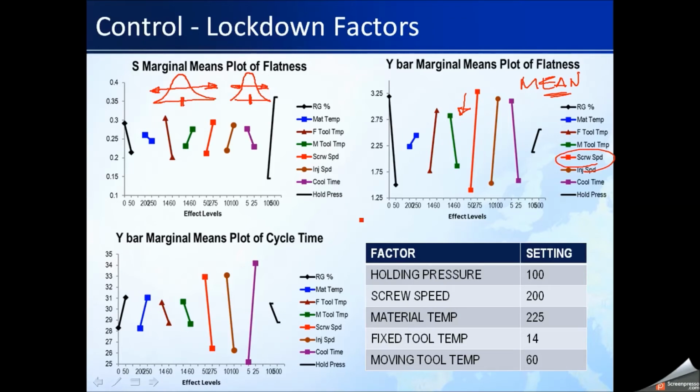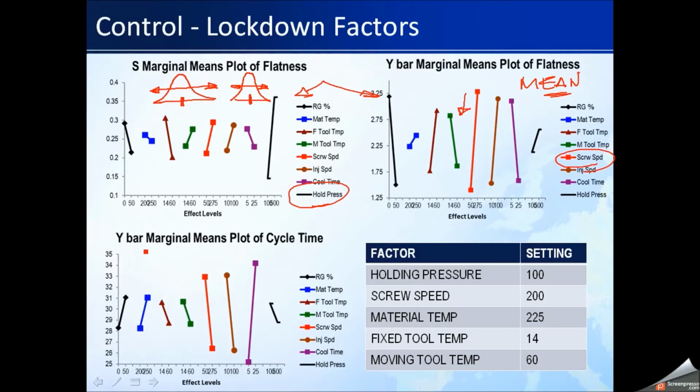Now that is being driven here, look, by the holding pressure for flatness. So immediately we know how now to pinch the variability in for flatness. So they're the two diagrams for flatness.